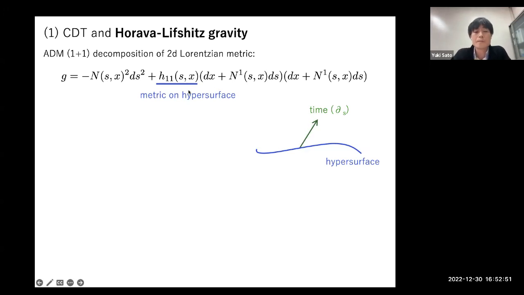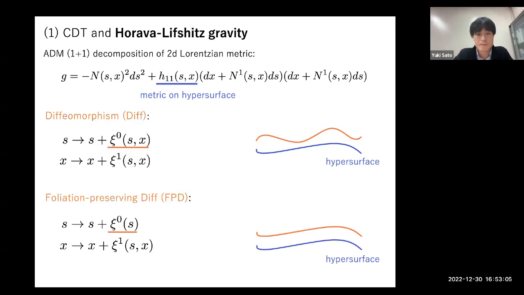This h_11 is the induced metric on this hypersurface, the spatial metric. So these are the components. And if the theory that we consider is invariant under the diffeomorphism symmetry, then you can change this hypersurface as you wish using the diffeomorphism symmetry.